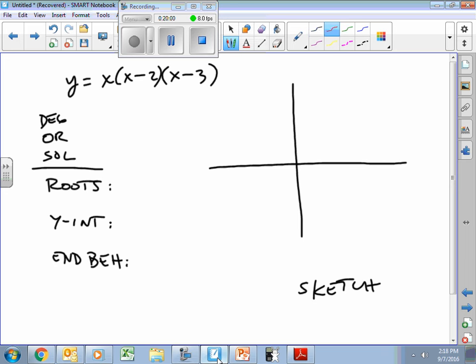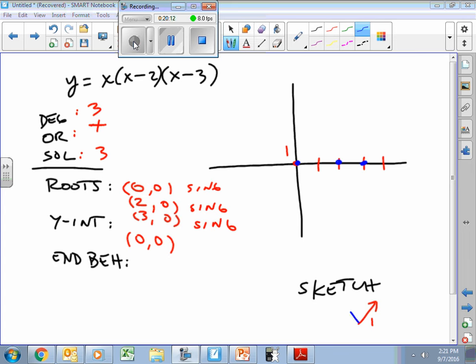I'll start you off with the sketch we know. What one looks like. I'm not trying to give you enough time to. And there's 2 and 3.